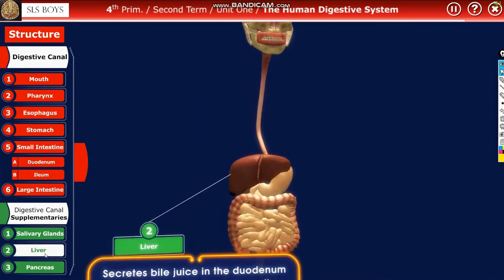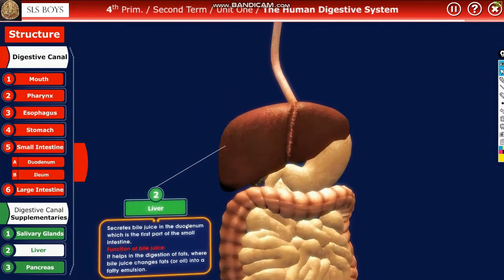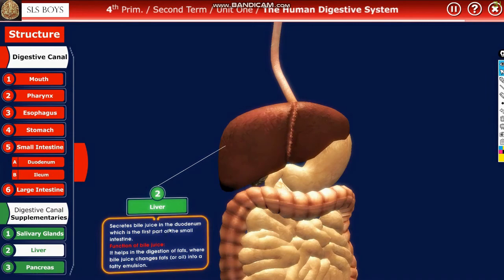The second one is the liver. The liver secretes bile juice in the duodenum, which is the first part of the small intestine. The bile juice helps in the digestion of fats, where bile juice changes fat or oil into a fatty emulsion. So bile juice is also very important.